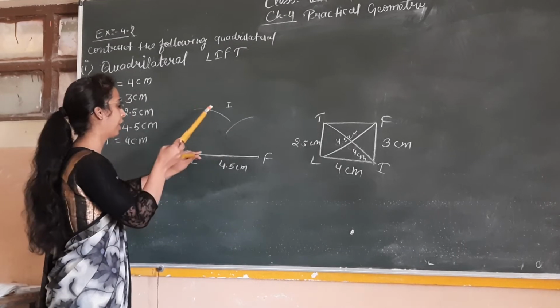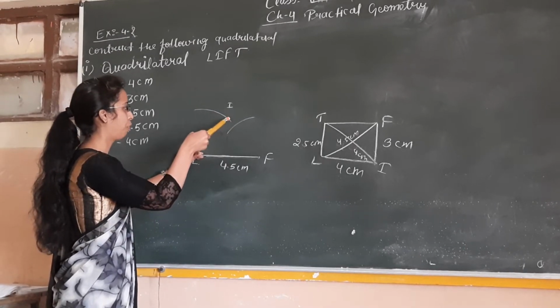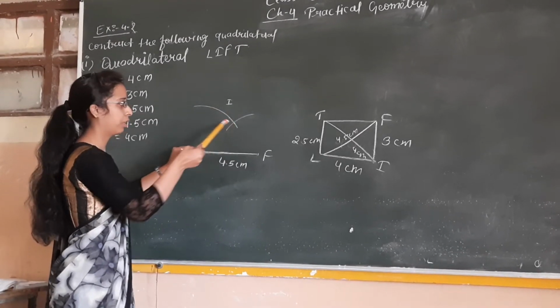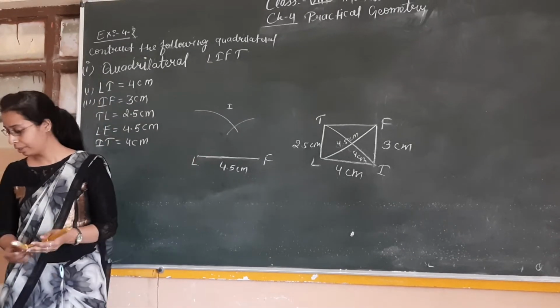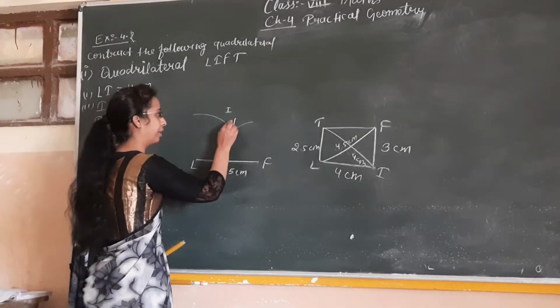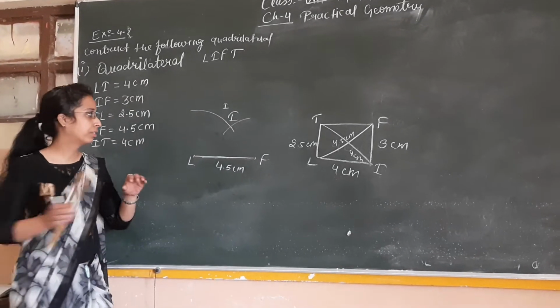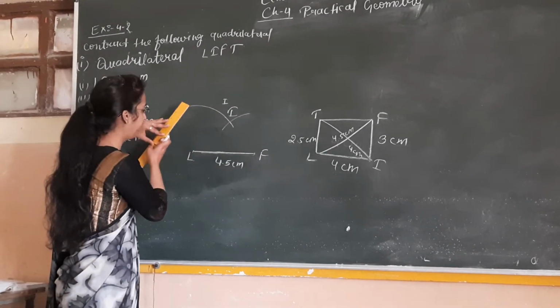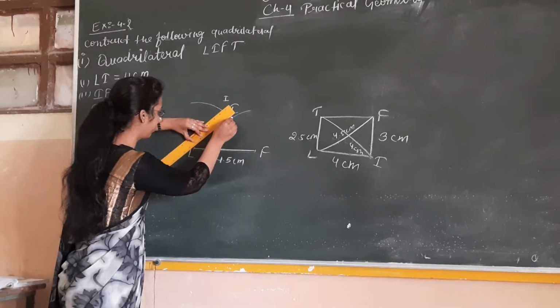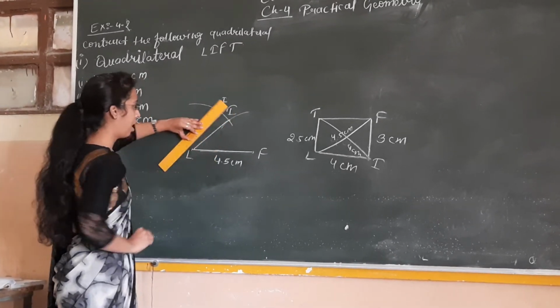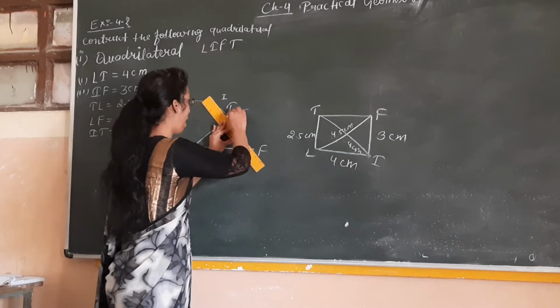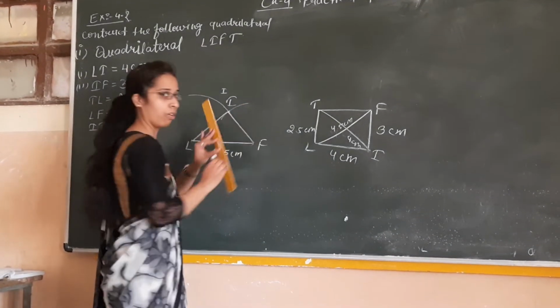These are the intersecting point, and this one is I. After that, we join the lines LI and IF.